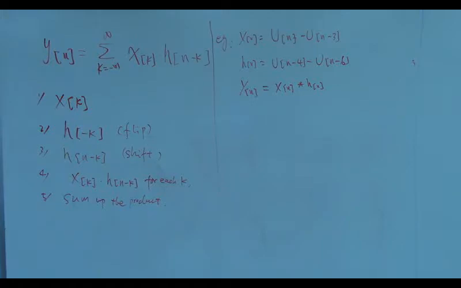What happened here? What's your result? How much time did you spend on reviewing the lecture notes? That's u[n] minus u[n minus 3], right?